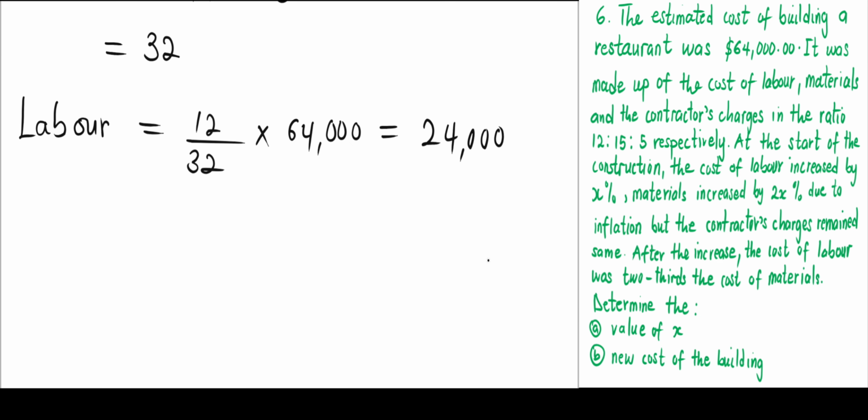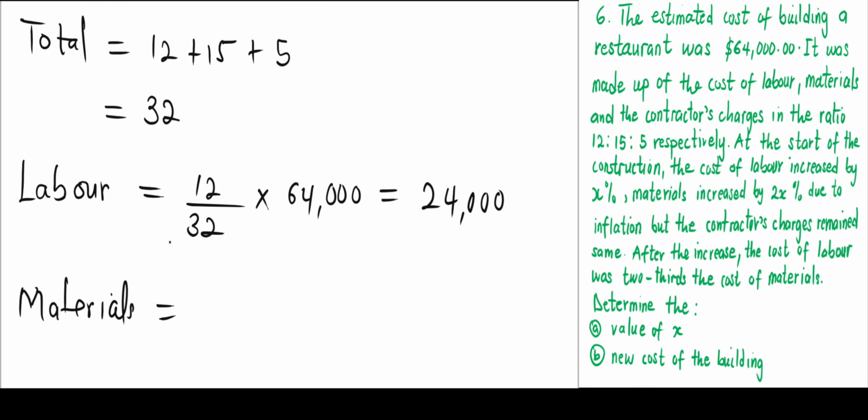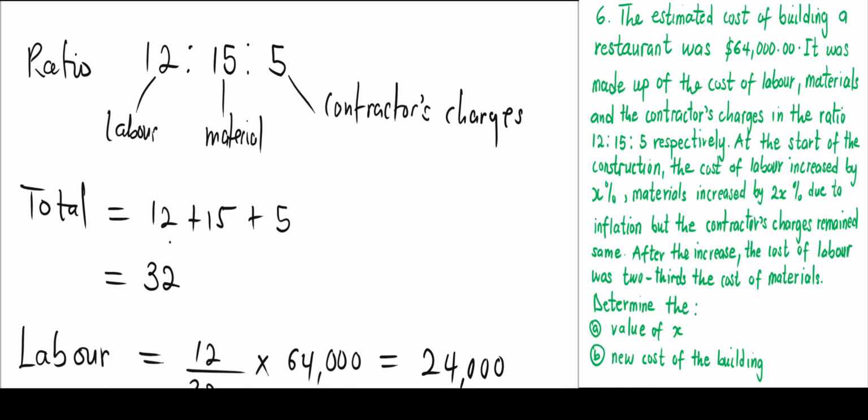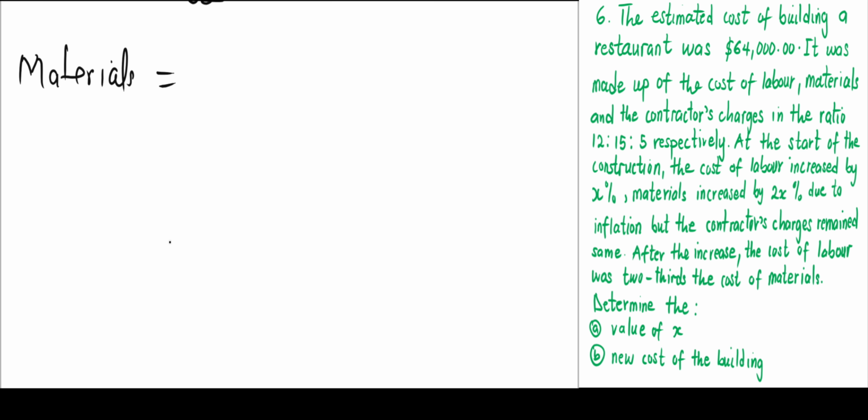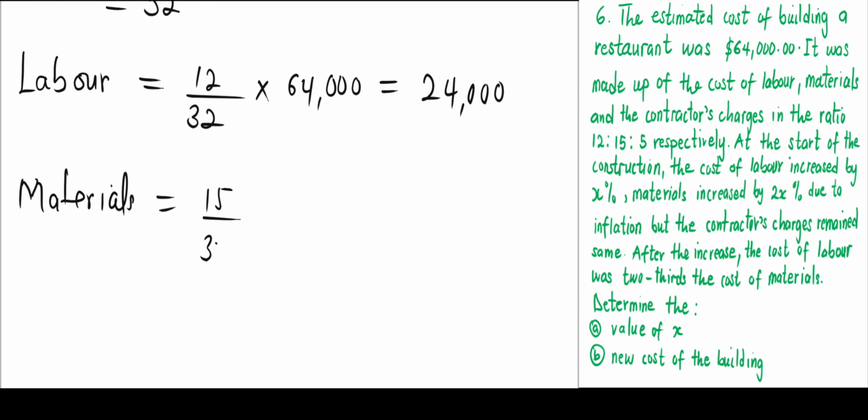All right. So let us now take the next one, which is the materials. The same thing: you go for the number that represents the materials, that is 15 out of the total, which is 32, times the estimated cost at the beginning. So we have 15 divided by 32, then times 64,000.